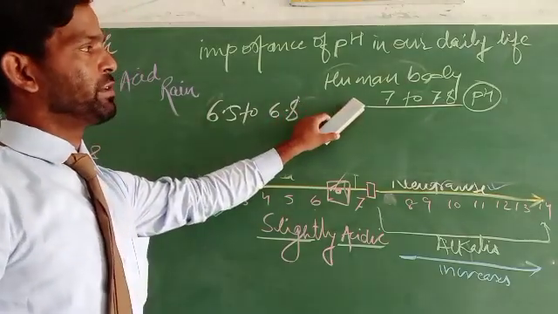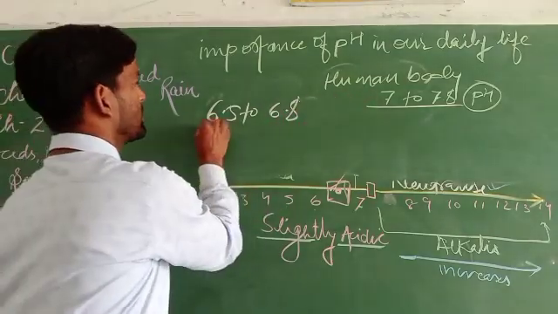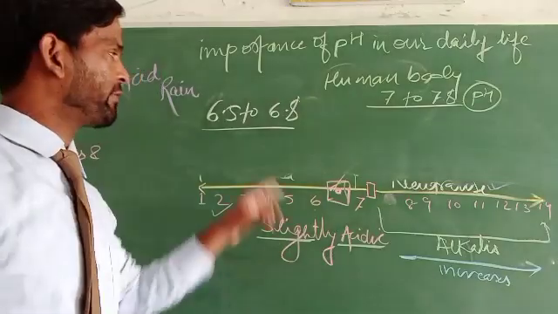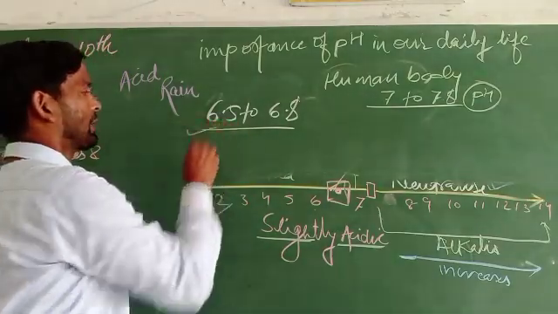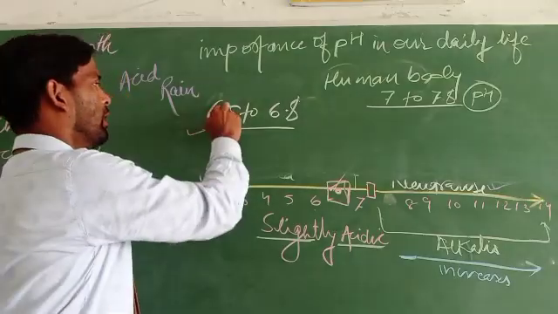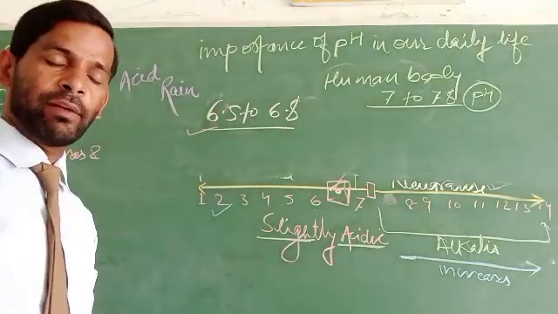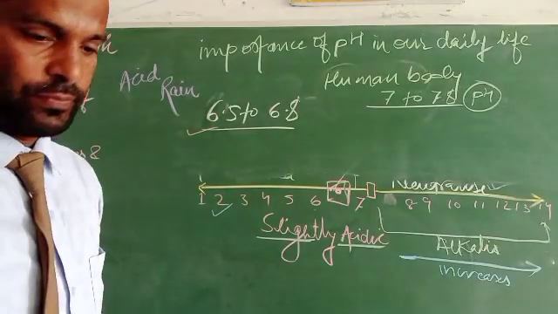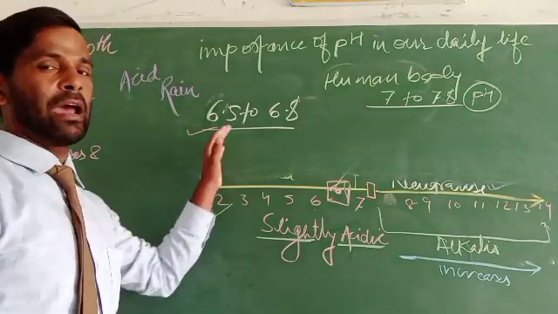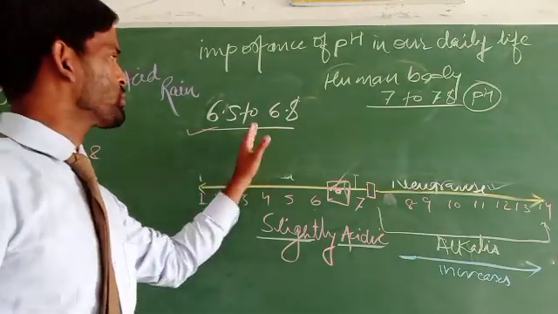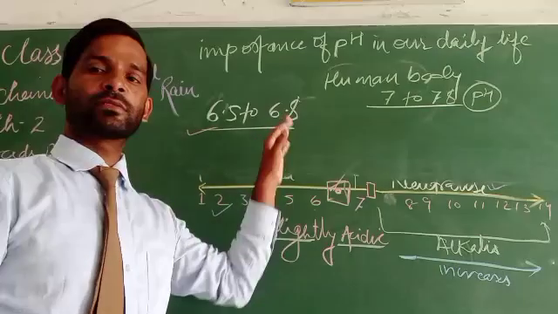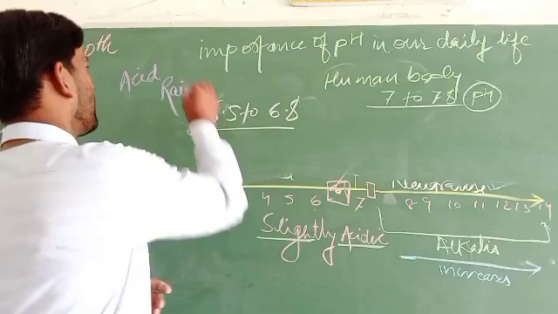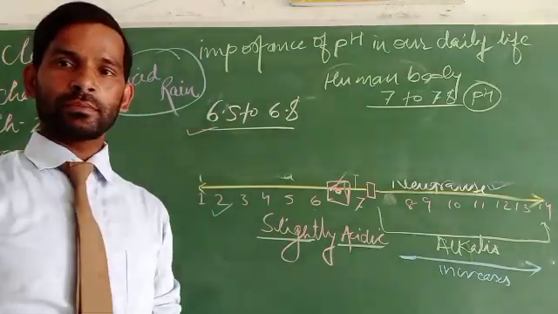The right one is here: 7 to 7.8, and 6.5 to 6.8 is obtained from the rain, that is, acid rain having 6.5 to 6.8. So rain having a pH range of about 6.5 to 6.8 is considered acid rain. Is it clear?